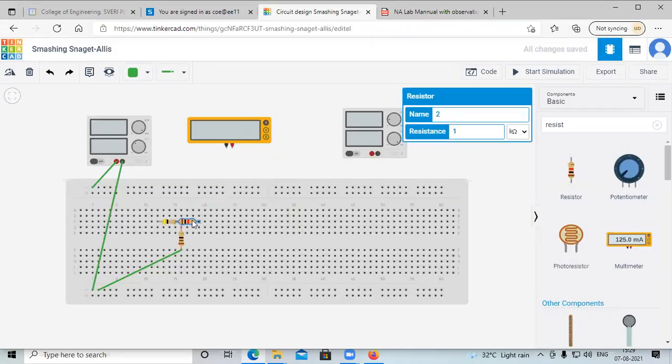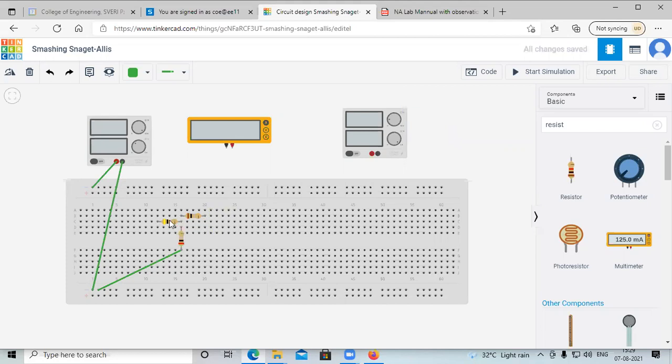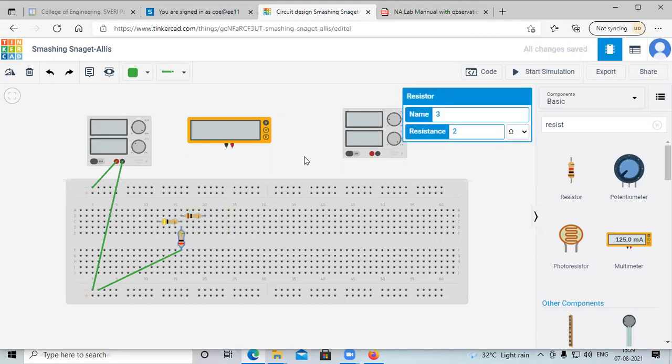I will connect R2 here. Value of R2 is 1 ohm, and value of R3 is 2 ohm. Okay, I have selected the values: 4 ohm, 1 ohm and 2 ohm.